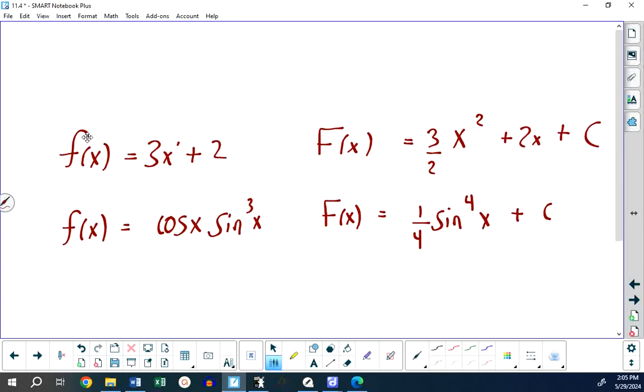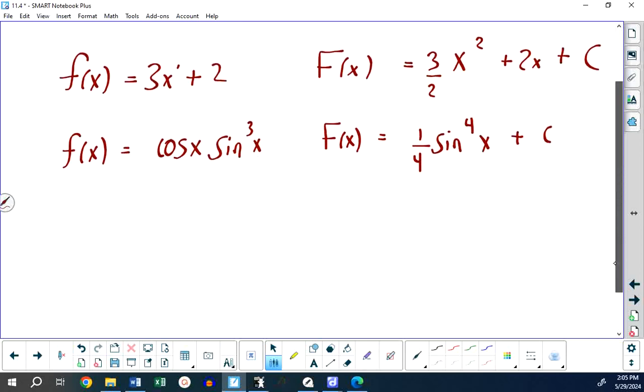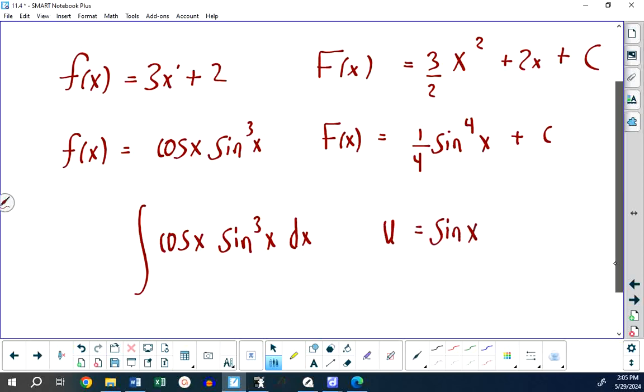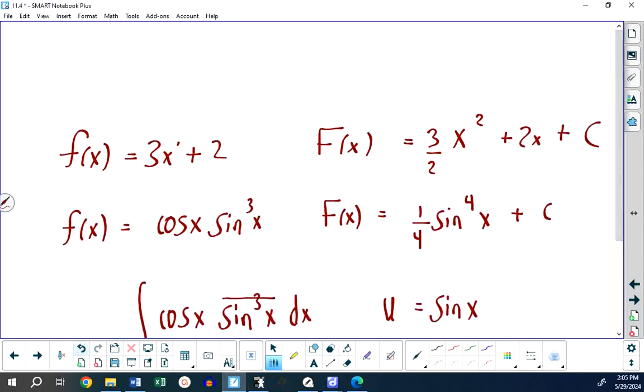So what we have learned yesterday is that if you want to determine this, there's a formal process that you go through. You say to yourself that I'm going to choose u equals sine of x, which means that this part here is going to be written as u cubed in the next step.